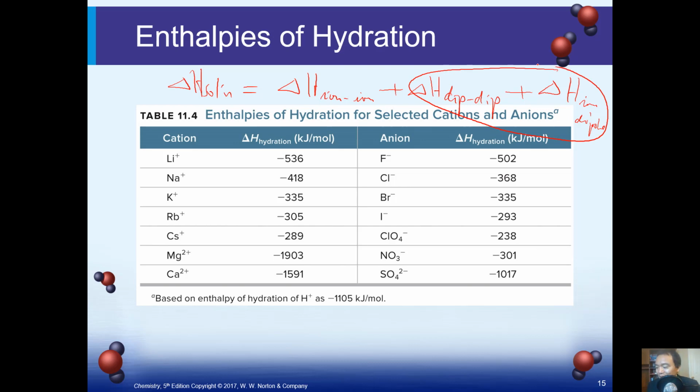So when you look at the magnitudes, do you remember enthalpy of hydration? Delta H for hydration is also always negative. Or if you combine step 2 and 3, it will give you an exothermic second step.